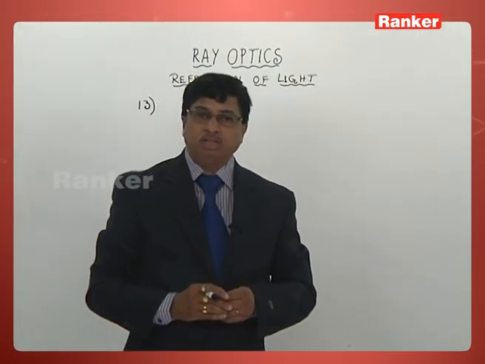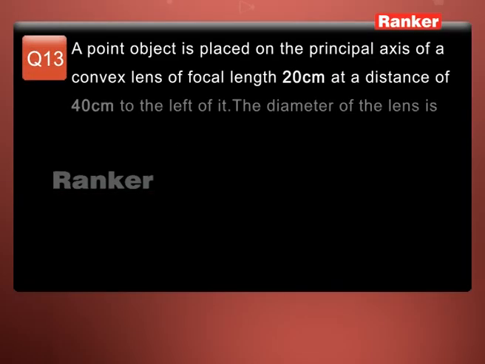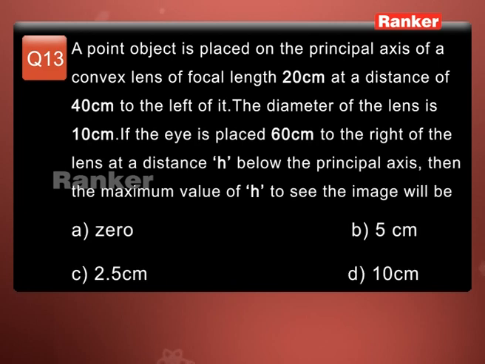Check the next number, that is problem 13. A point object is placed on the principal axis of a convex lens of focal length 20 centimeter at a distance of 40 centimeter to the left of it. The diameter of the lens is 10 centimeter.